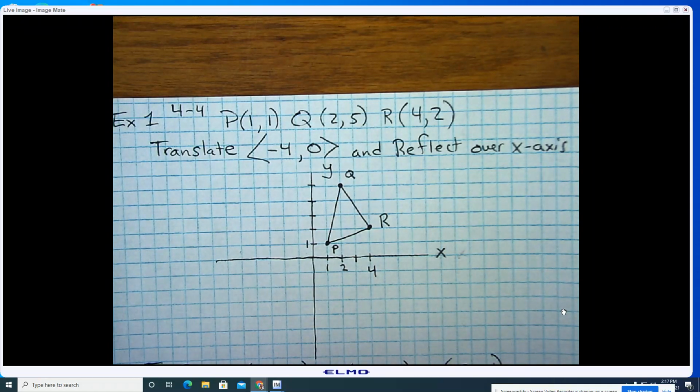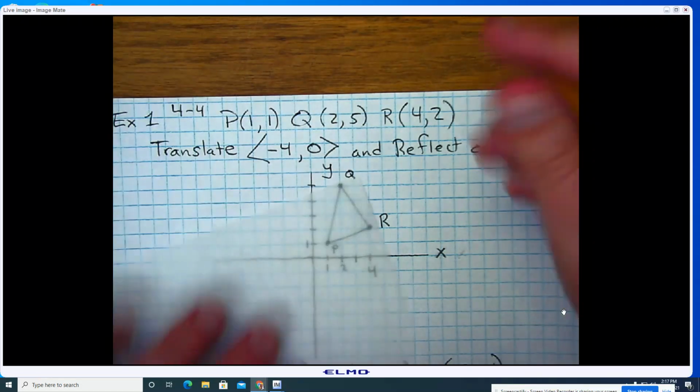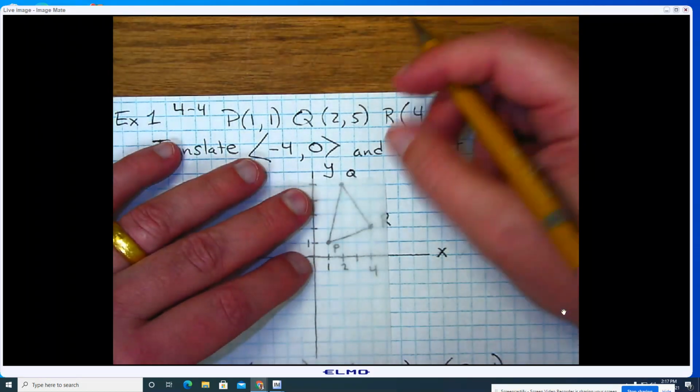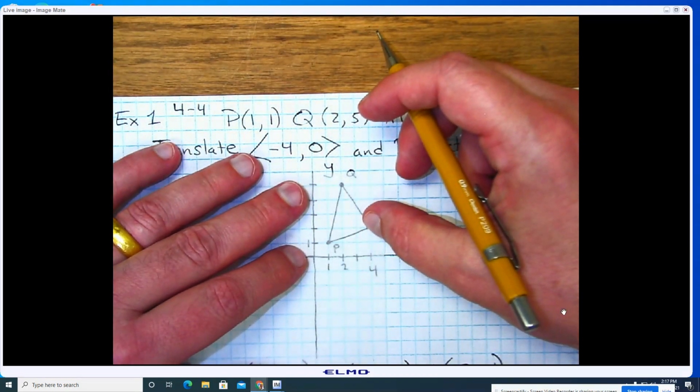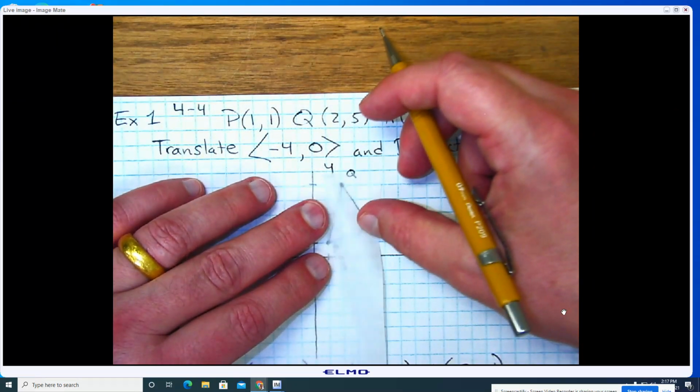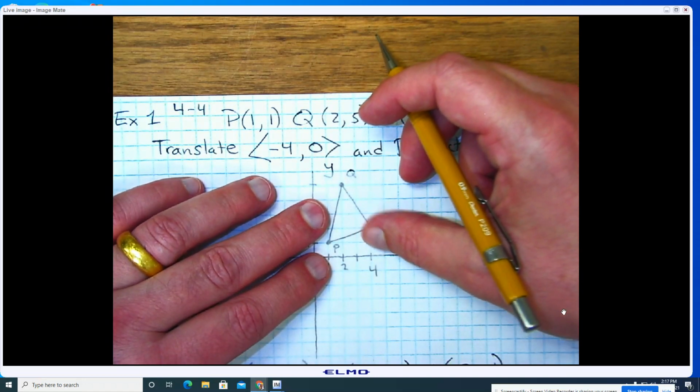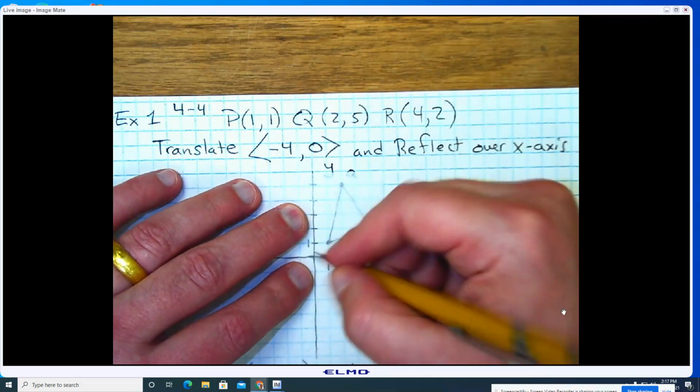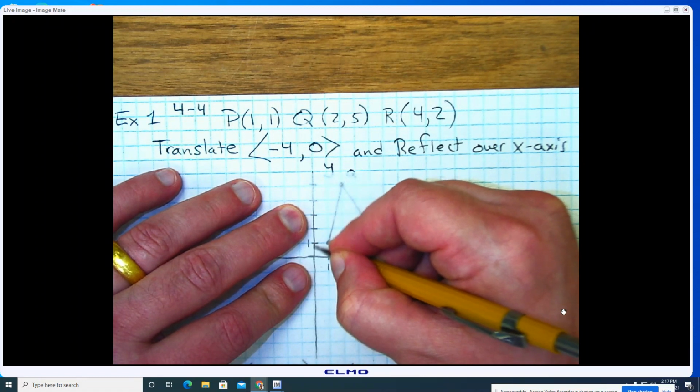Okay, so the advice with the patty paper is make sure that we're lining up the patty paper. So I'm doing the corner of the patty paper, and it has to include, I say, the origin as a reference point.